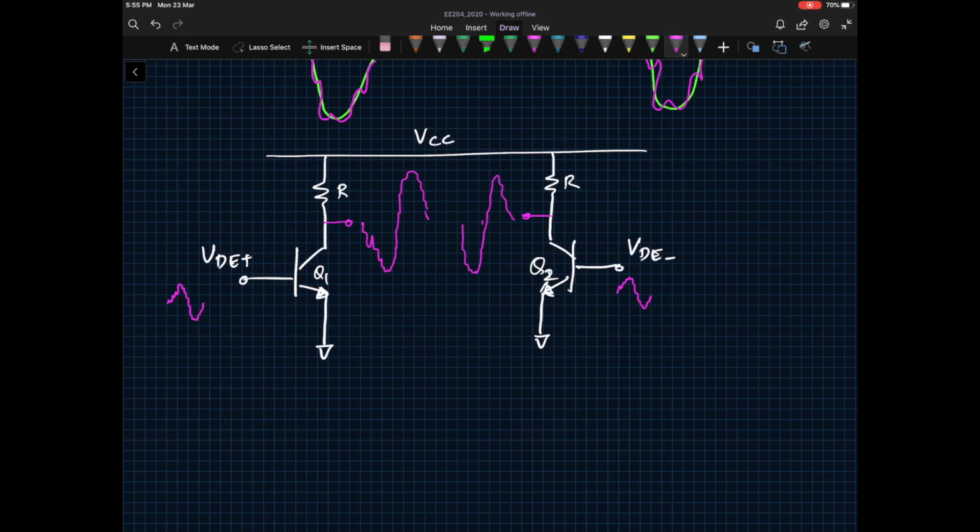If the gain is too high, you could get into a situation where the waveform gets clipped, which means you will see something like this. This is not a good situation, and the other side will also look the same way. I'm going to just draw it here. And we are supposed to look at the difference between the two waveforms.